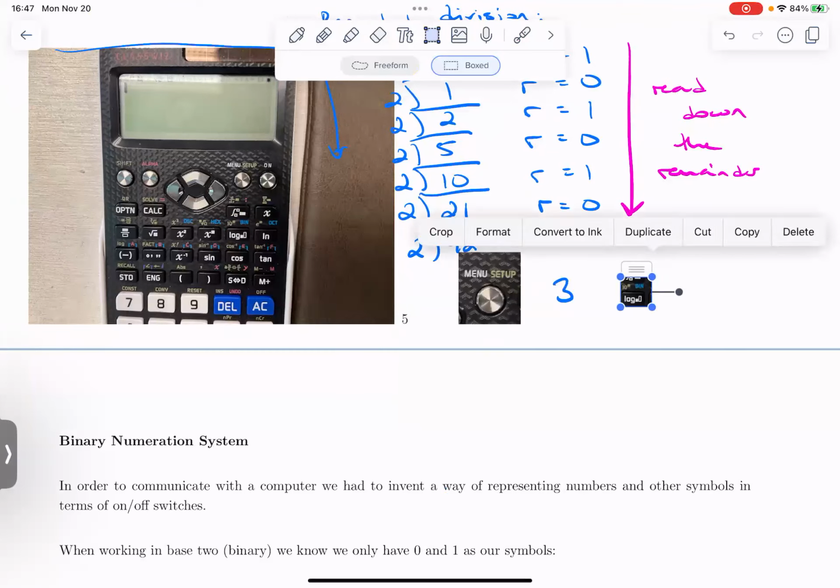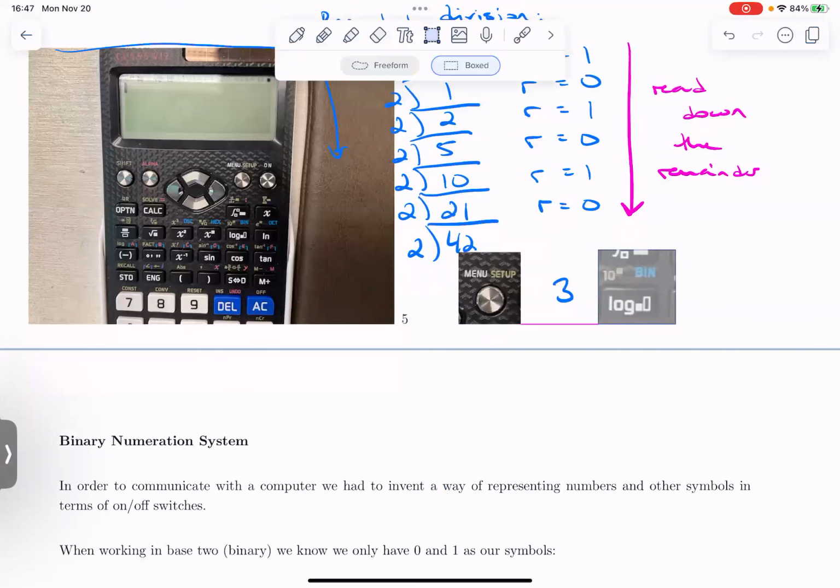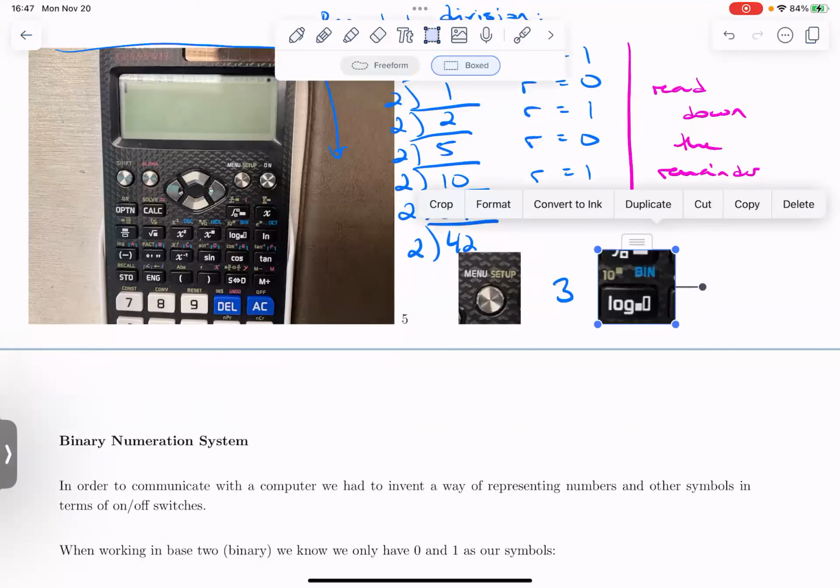Binary, for example. So 42. I have the thing set up. So you go menu setup, right? And then you just type in, you say, you want the decimal number 21 into hex.